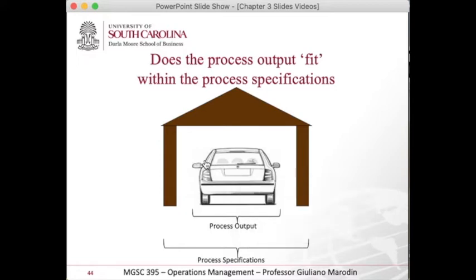And again, I expect you guys understand the process of parking a car inside of the garage, right? So the size of the garage is going to be the process specifications. Okay, so basically we don't know the size of the car. We don't know if the car fits or not. That's what we want to answer with the process capability.